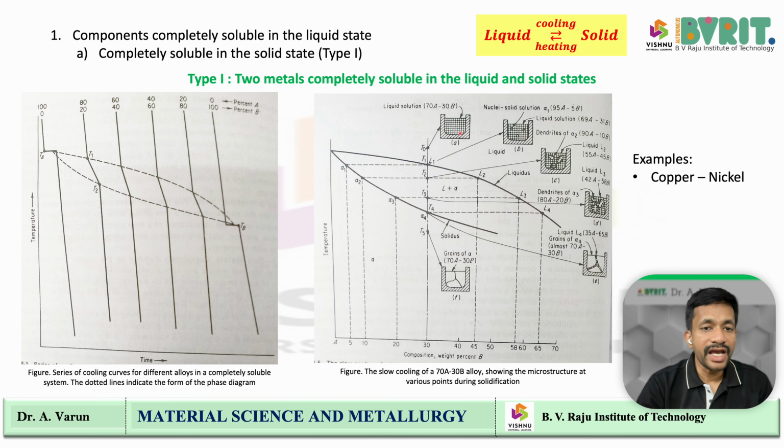We will also use a rule which helps us determine the amount of liquid and solid present in the two-phase regions. So this is about the isomorphous system wherein two components are completely soluble in the liquid state and in the solid state. That's all for this video.